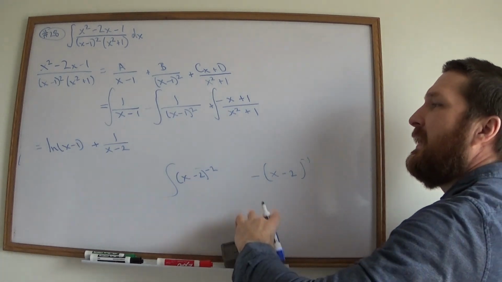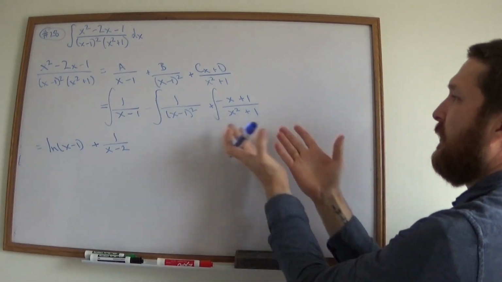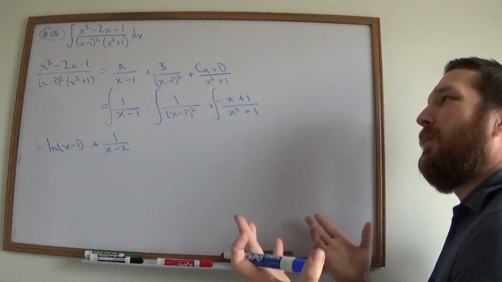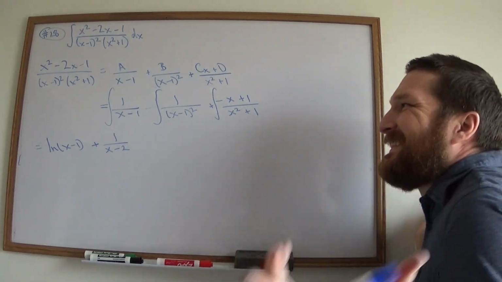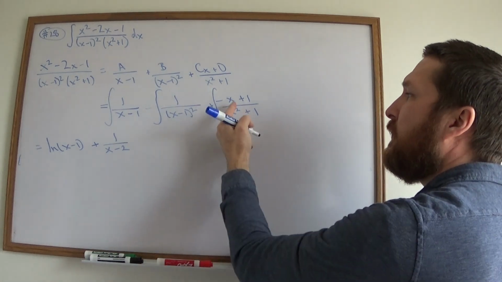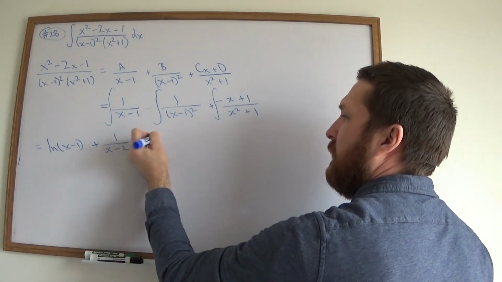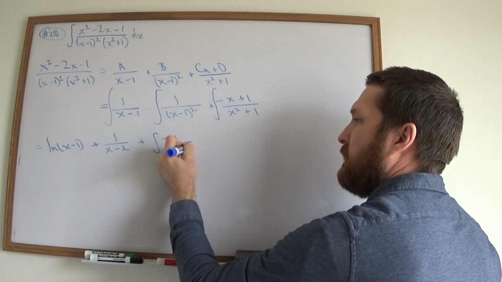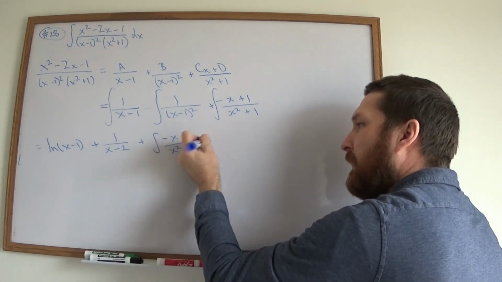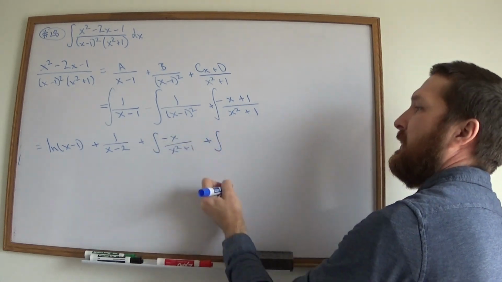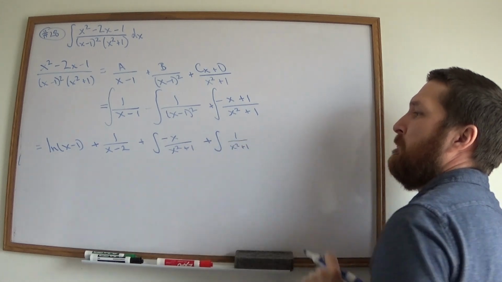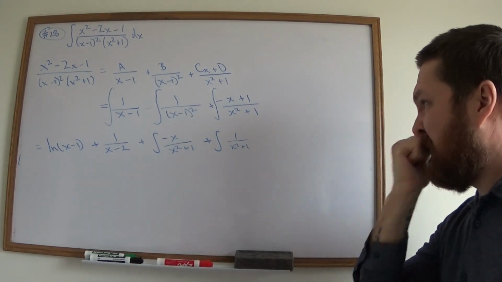Okay, good to go. Now, here's the hard part. Uh-oh. We're going to have to do this again. Yeah, but he's irreducible. That's always going to happen when he's irreducible. So, what we're going to do is rewrite this as plus the integral of negative x over x squared plus 1, plus, I'm going to break them up again, integral 1 over x squared plus 1 dx.